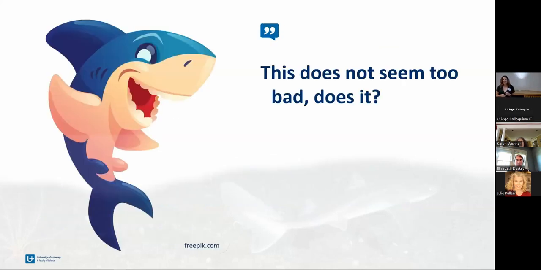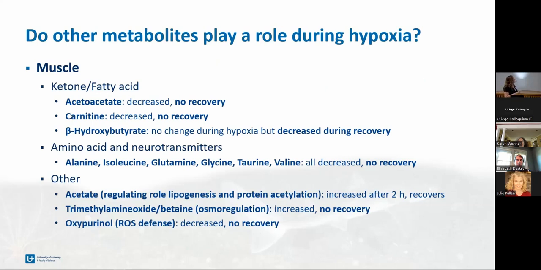However, if we look at other metabolites, in the ketone and fatty acid metabolism we see acetoacetate decreased, no recovery after 6 hours recovery. Carnitine, no recovery. Beta-hydroxybutyrate, actually no change during the hypoxia, and it only started to decrease after 6 hours recovery. Amino acids, all decreased, no recovery after 6 hours recovery time.